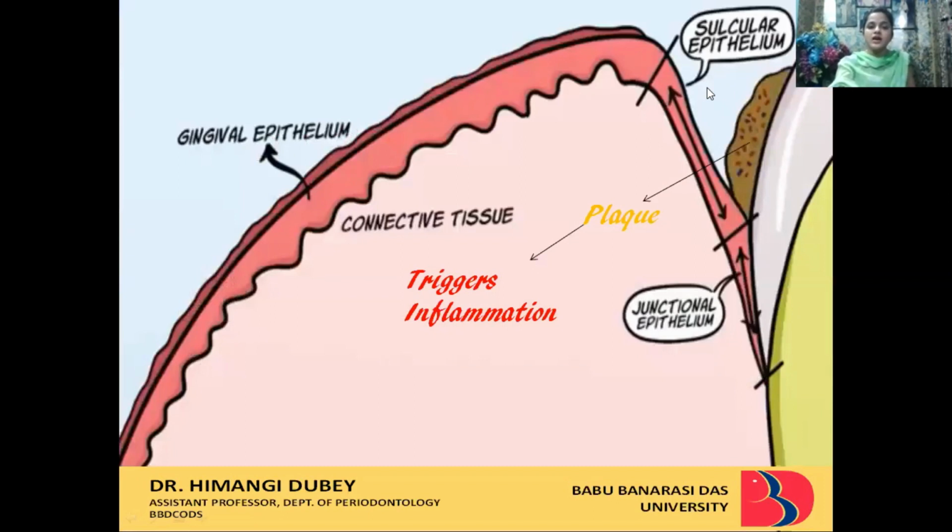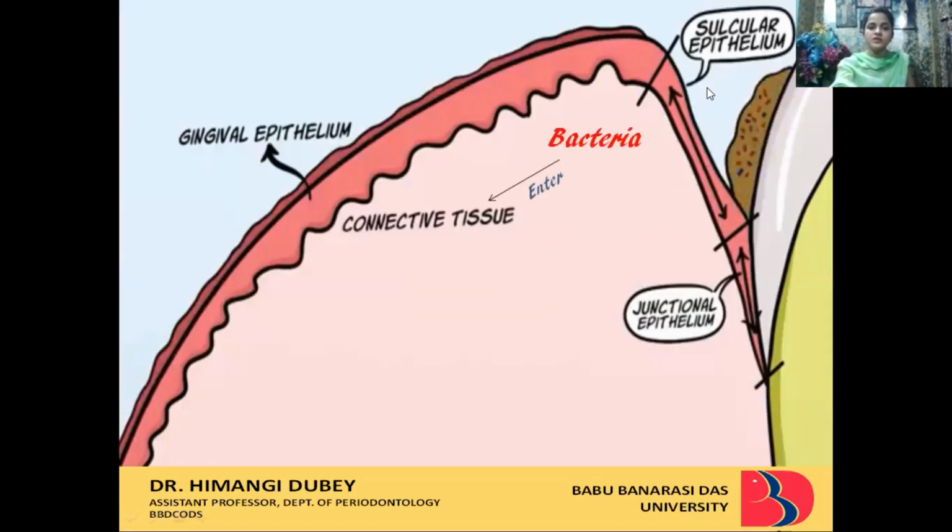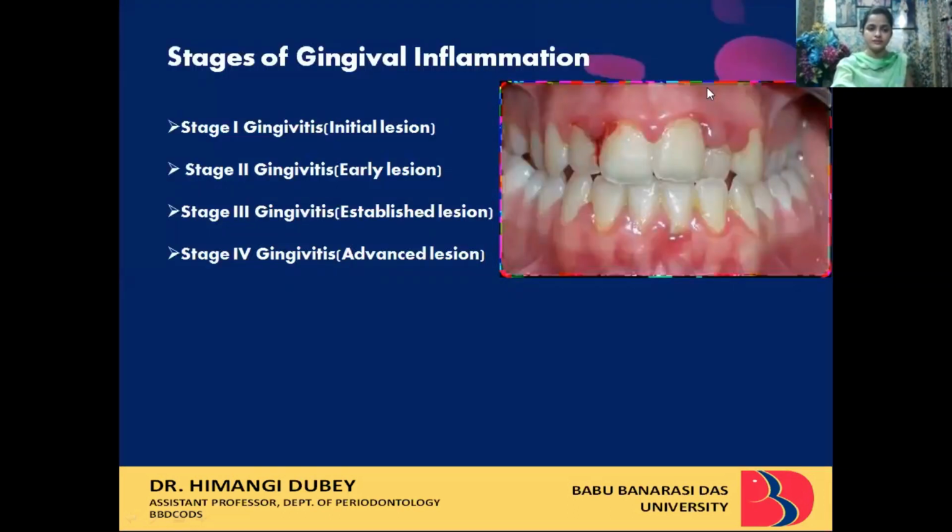Gingivitis starts off by an inflammatory process being triggered by dental plaque. The bacteria and their toxins from the gingival sulcus penetrate through the intercellular gap in the junctional epithelium to enter the underlying connective tissues.